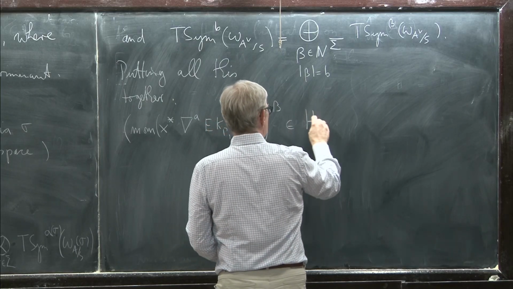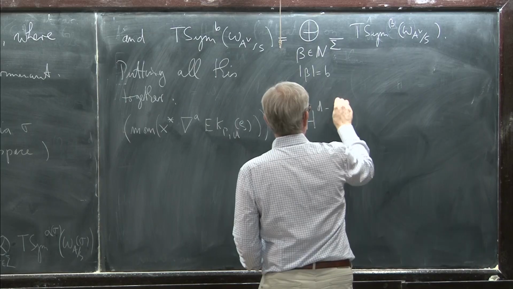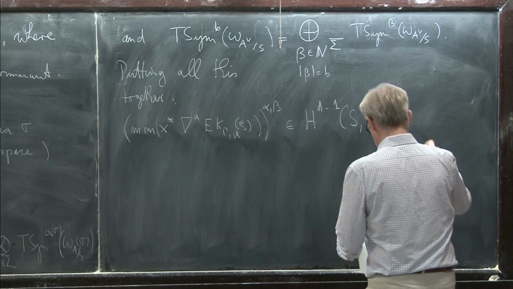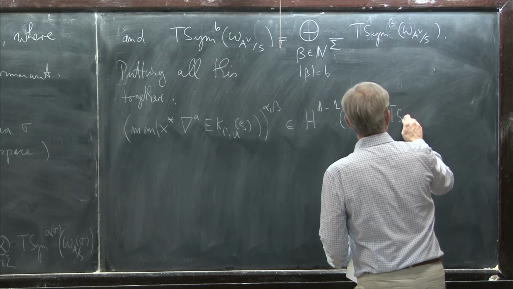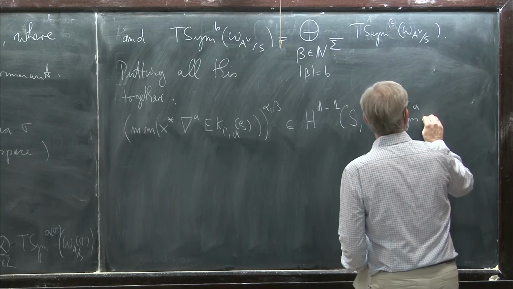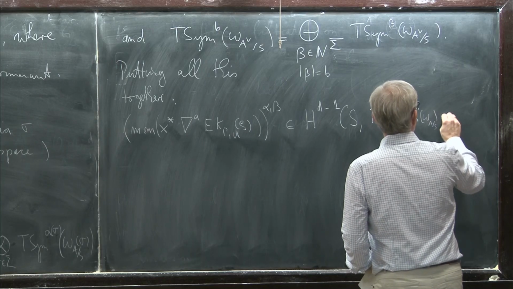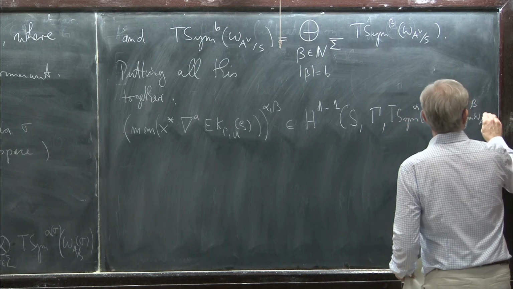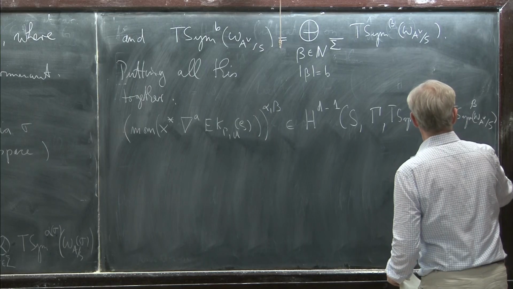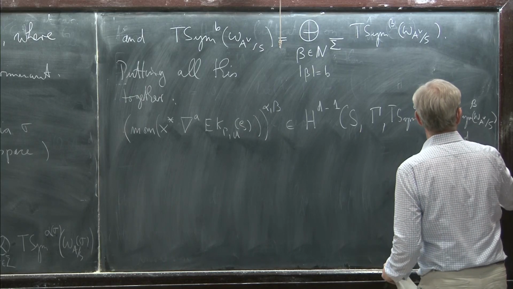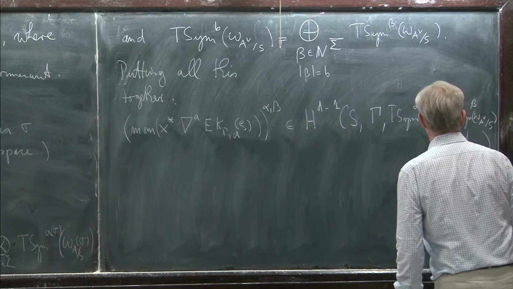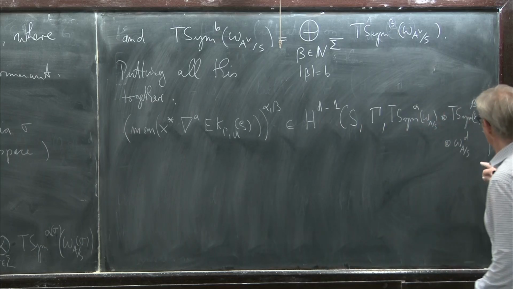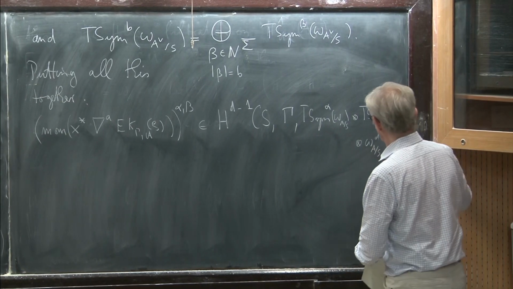And this is then a class in H^(d-1) of the base, equivariant with respect to gamma. And it sits here in T sim alpha omega as tensor T sim beta omega a dual over s tensor omega d as. And in fact, I can identify this, and maybe I will do this.